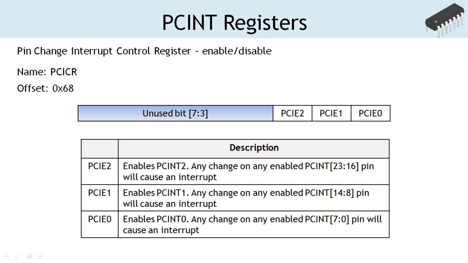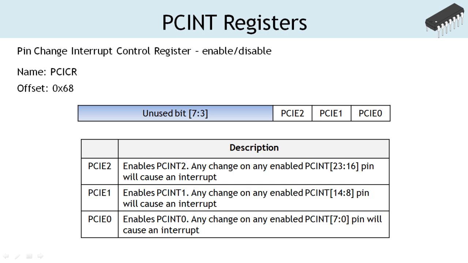The pin change interrupt control register is used to enable or disable the pin change interrupts. The I flag in the status register must be set for PCICR to take effect. Bit 0, that is PCIE0, is used to enable or disable pin change interrupt group 0.